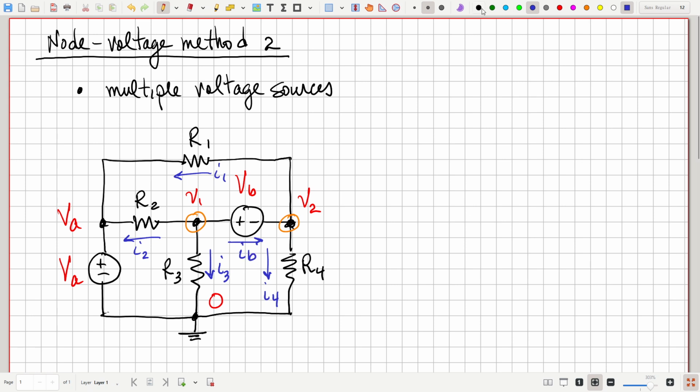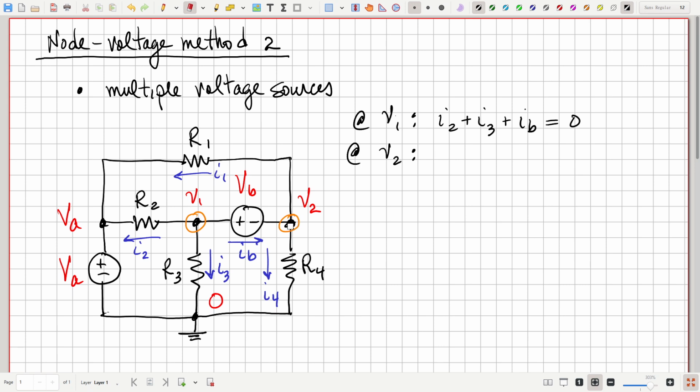And now we can say, all right, at node 1, what are our equations in terms of just the currents? Well, let's see. We're going to have here I2, I3, and IB. I2 plus I3 plus IB. Sum of all the currents flowing out of the node is equal to 0. How about at the second node where we have an unknown voltage?